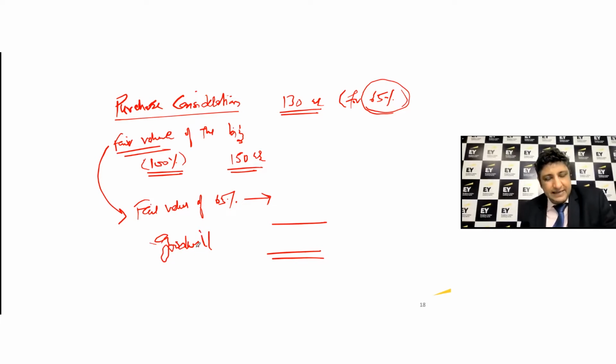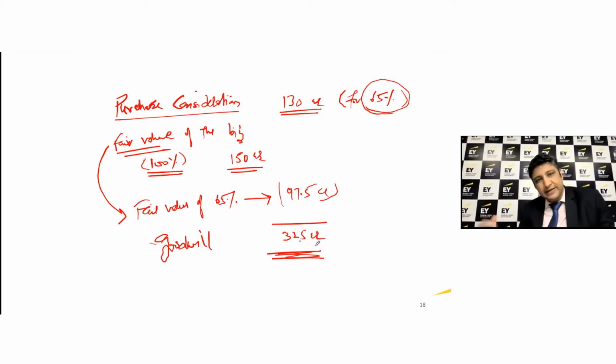Effectively, as I said, the accounting is something we really want to talk about in detail with the help of a lot of questions, and we gradually come to that part, right? I can say that if 150 crores is 100%, then 65% would simply be 150 into 0.65, and that's 97.5. So you may say that the goodwill calculation in this case is 32.5 crores.